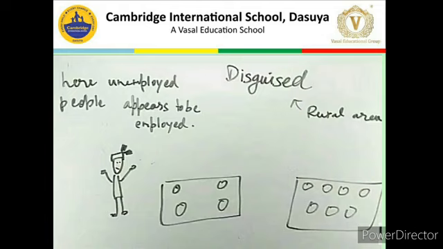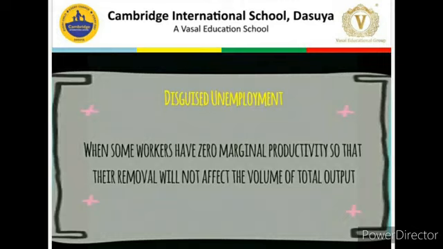The field requires the service of 5 people and 3 extra people are disguisedly unemployed. Therefore, when some workers have zero marginal productivity and their removal will not affect the volume of total output, that is the time when they can be called disguisedly unemployed.